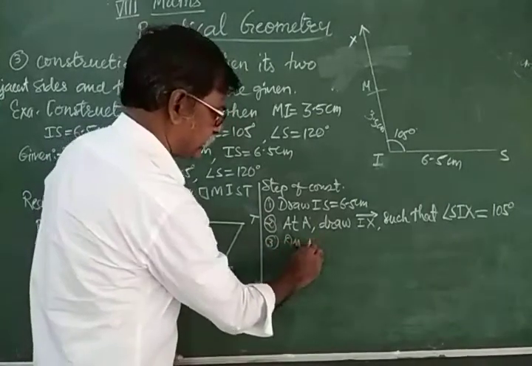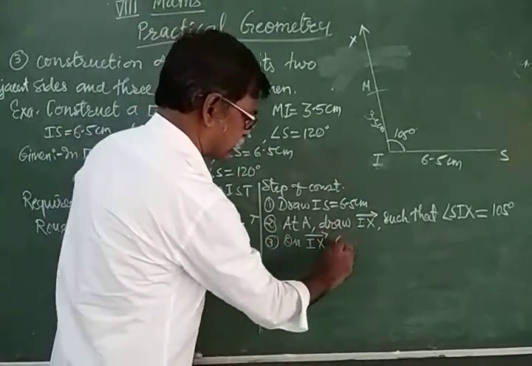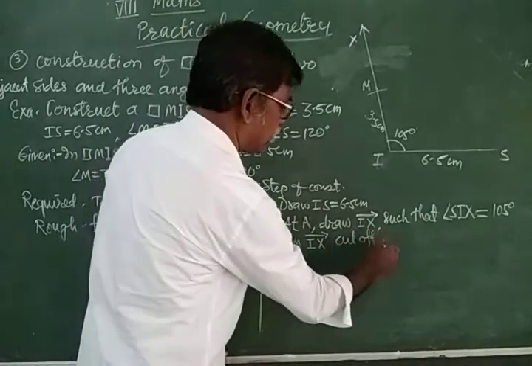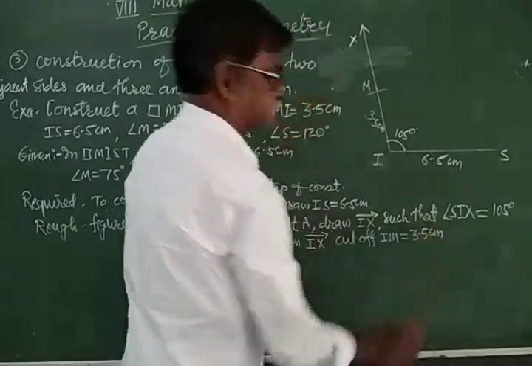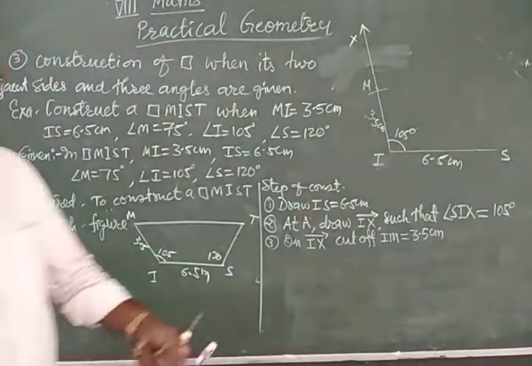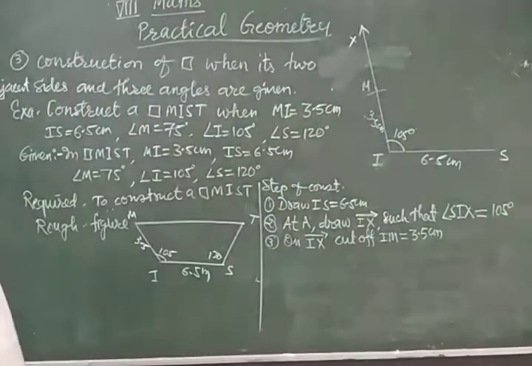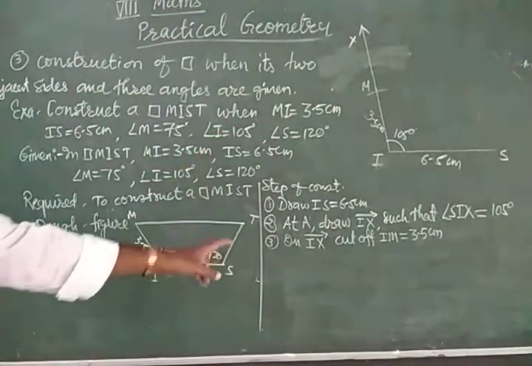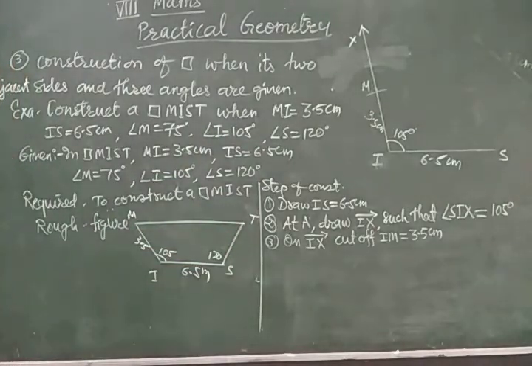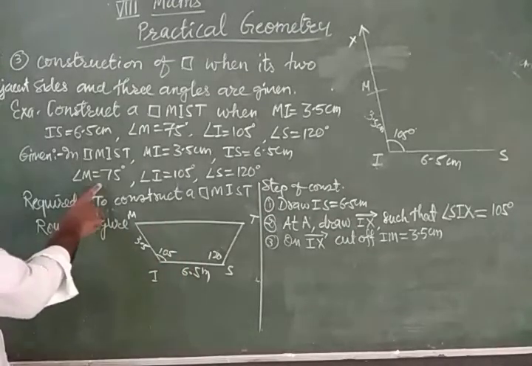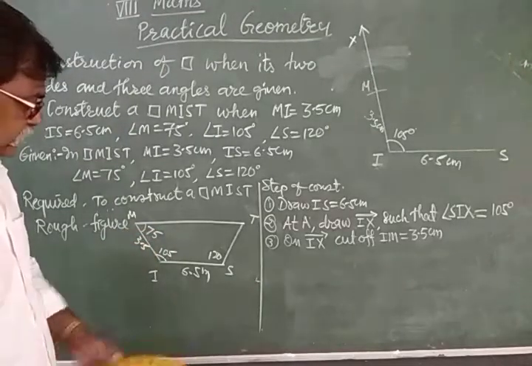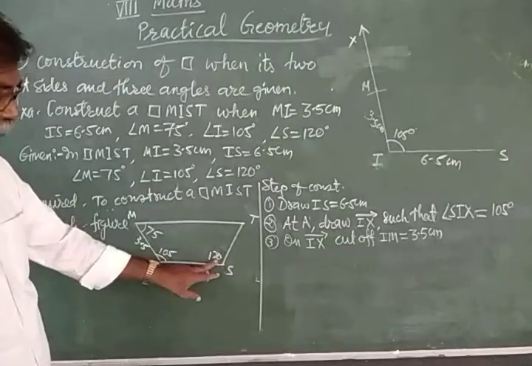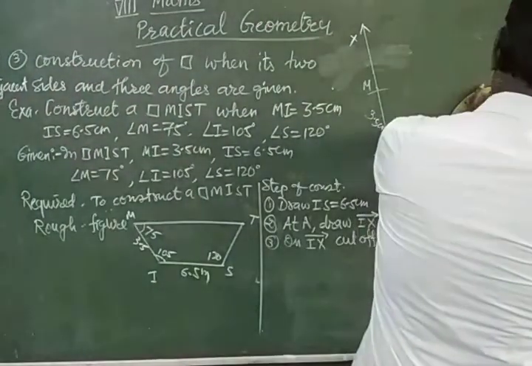Arc cut off on ray IX, IM is equal to 3.5 centimeter. Cut off, so we got point M. Then next, now we have to find point T. Here angle M is equal to 75 also. Okay, now at S we will draw an angle of 120 degrees.